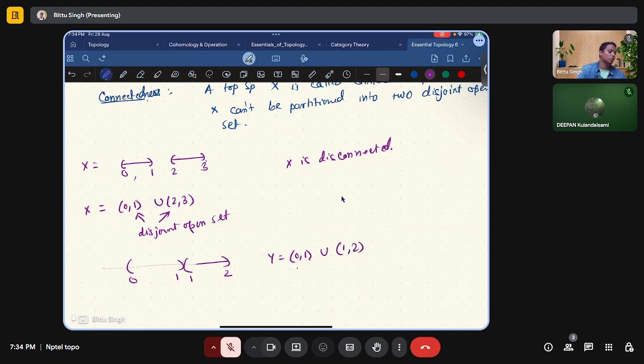Again, those two are open sets. This is open, this is open. I am considering the subspace topology of the real numbers, the real Euclidean topology or real usual topology, whatever you say. So again, Y can be written as a disjoint union of open sets. Therefore, Y is disconnected.